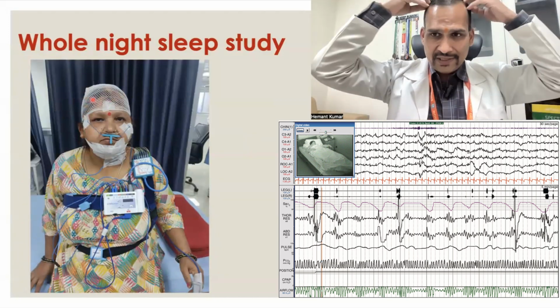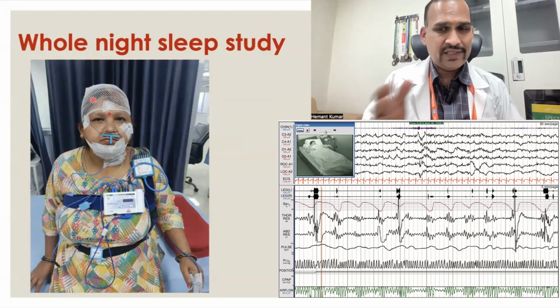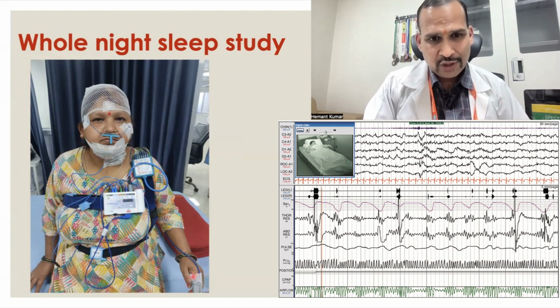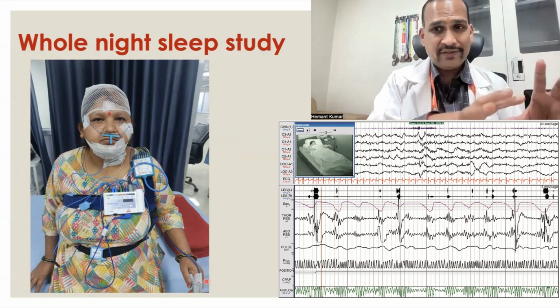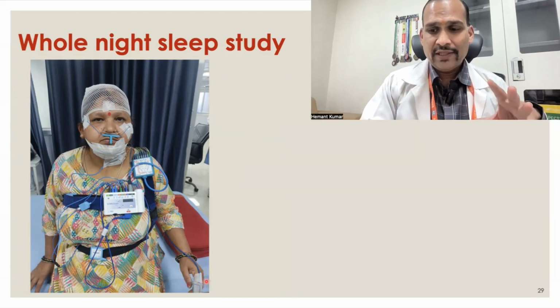We attach sensors on the head for sleep purposes. How much sleep is the patient having? A snoring sensor, a thoracic belt, an abdominal belt, and a sensor for oxygen saturation. So many leads we have to attach to the patient for recording.